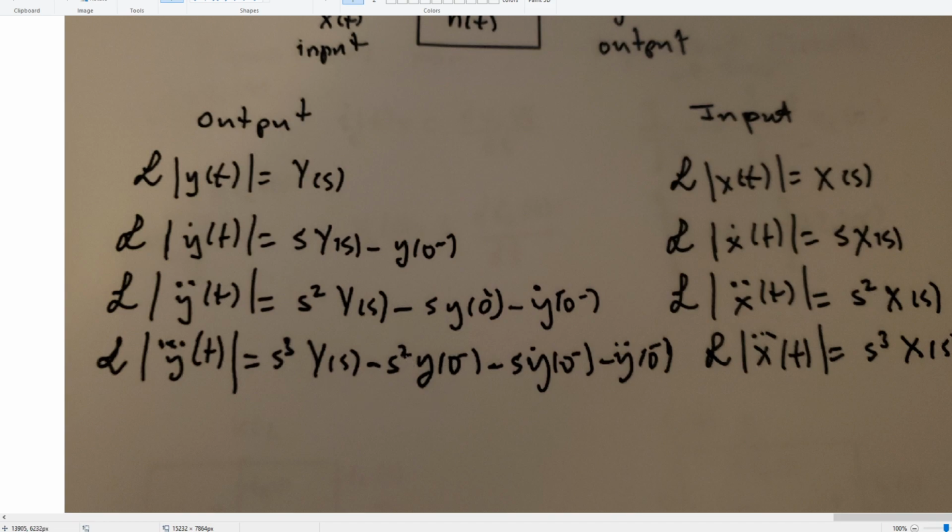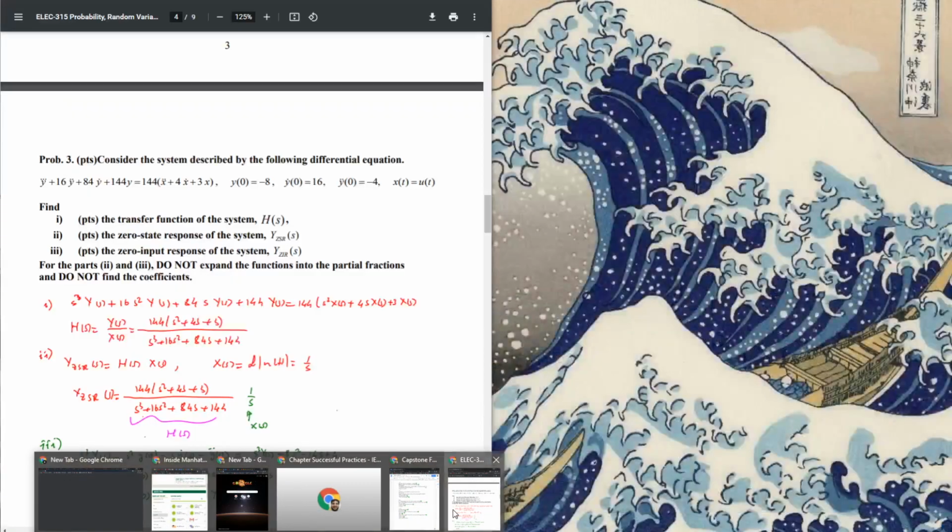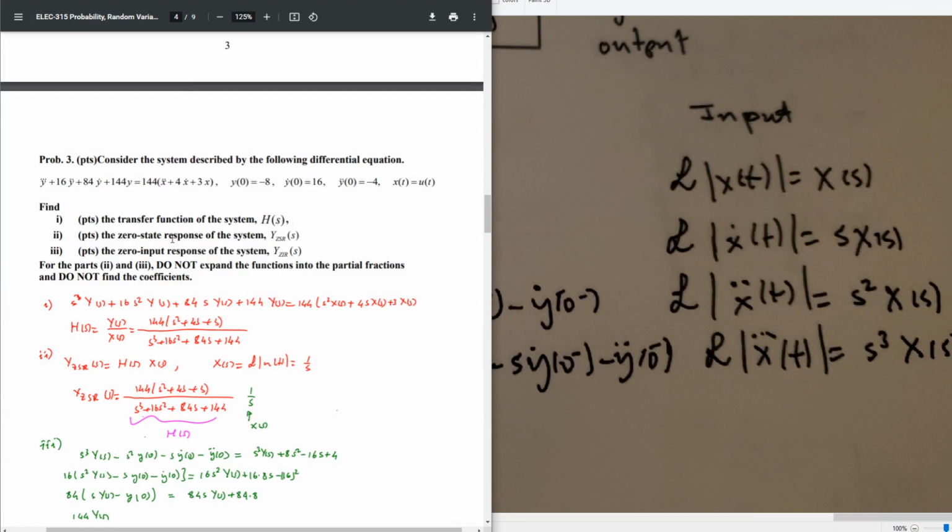And there's this extra stuff over here, right? And that comes in for part 3. But we're only going to write the Y(s). This is not the zero state response. Sorry, zero input response. We're looking for the transfer function of the system H(s), right?